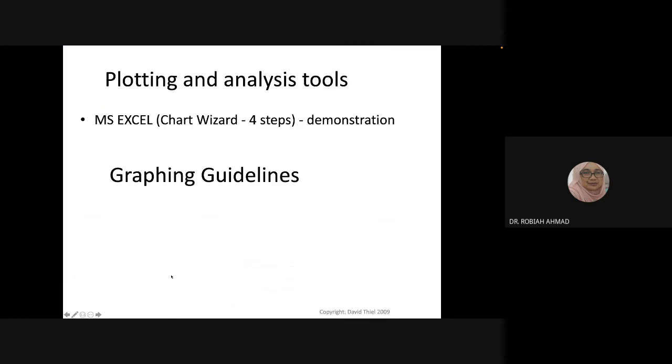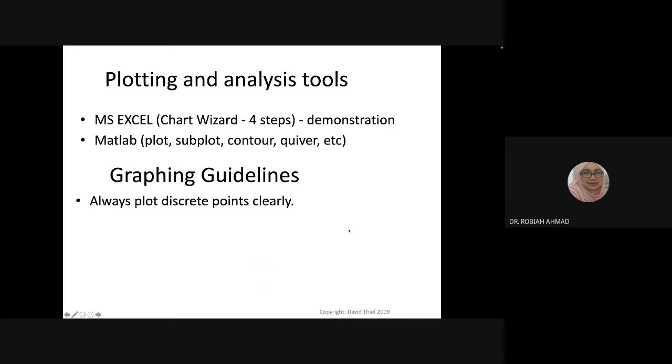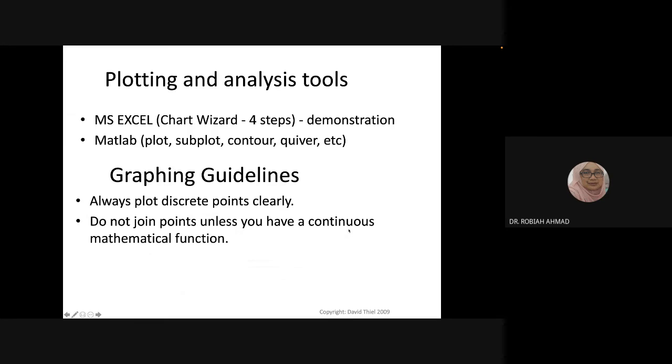Okay, so I think all of us are aware of the plotting and analysis tools. You can use Excel, MATLAB, or whatever software is available. But the guideline is always to plot discrete points clearly. Do not join points unless you have a continuous mathematical function.